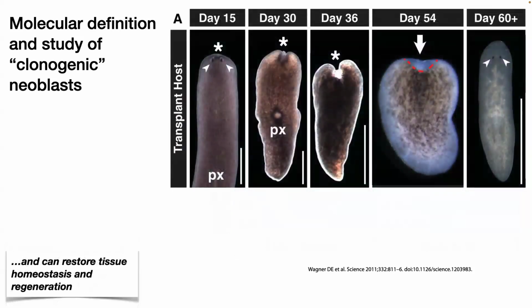And in fact, the spectacular aspect of this paper was that the researchers could find that when they deadly irradiated such hosts, you see them here at day 15, day 30, day 36, these animals are basically degenerating completely.